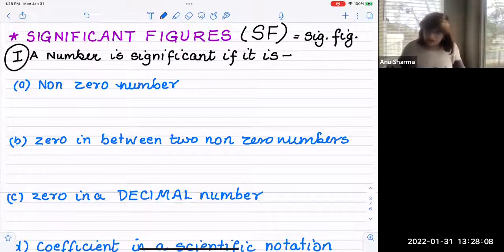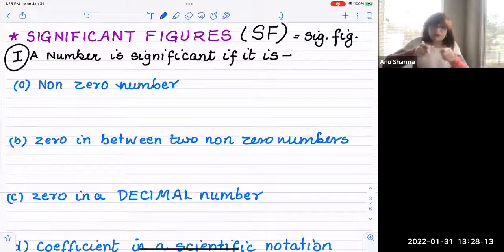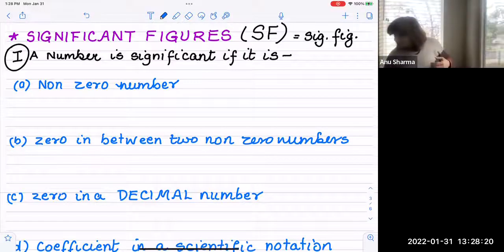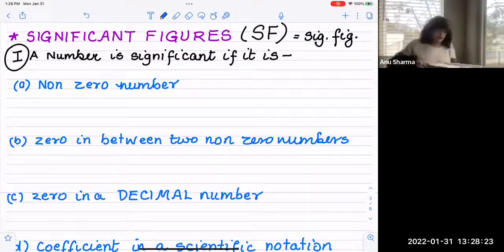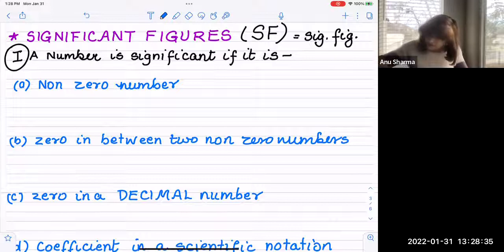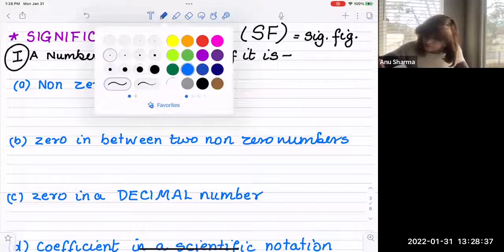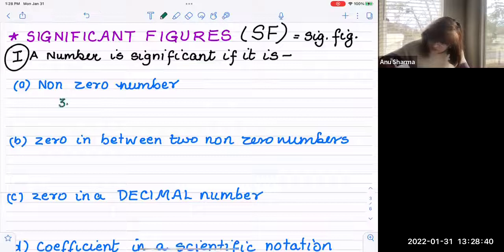Okay, so the rules are: all non-zero numbers are important, or significant. In other words, when you're doing measurements, if there is no zero, then you measure all of the digits. So for example, you have a non-zero number like 3.268.